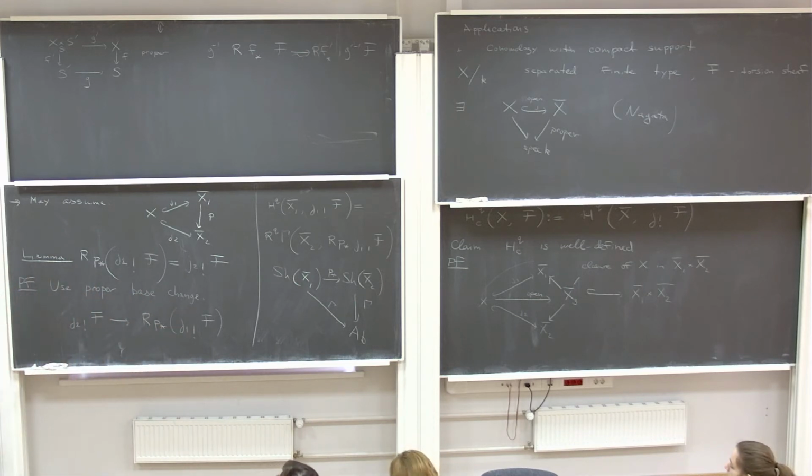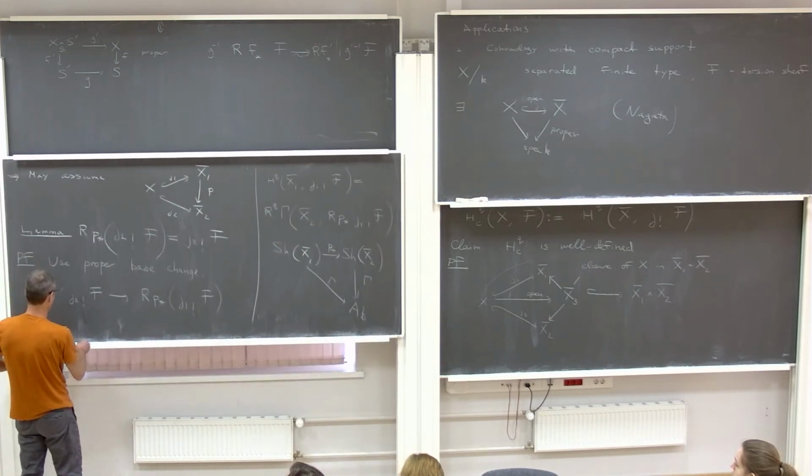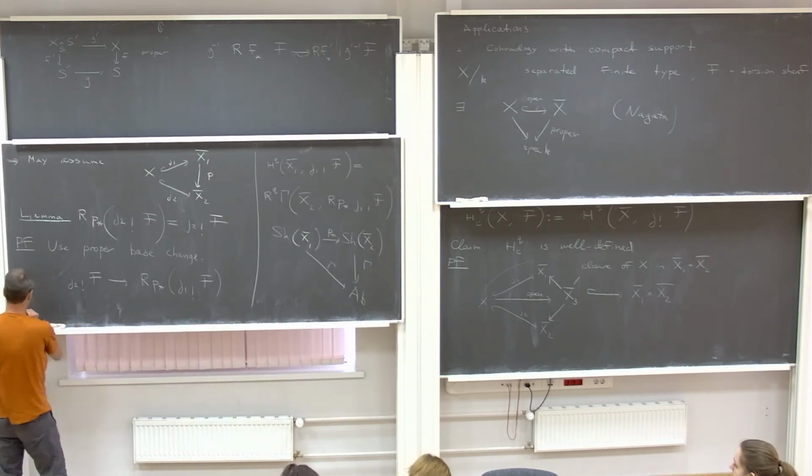So all I need to check is that this map is an isomorphism on stalks.